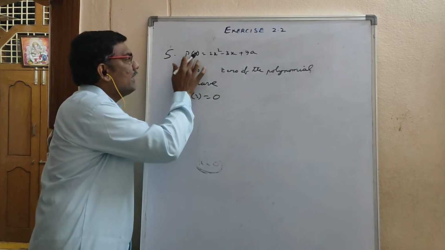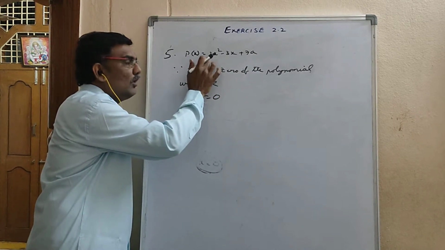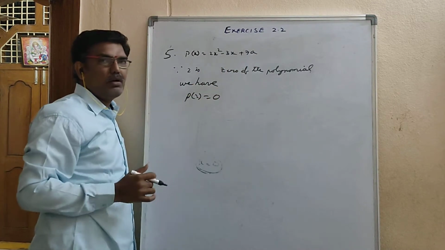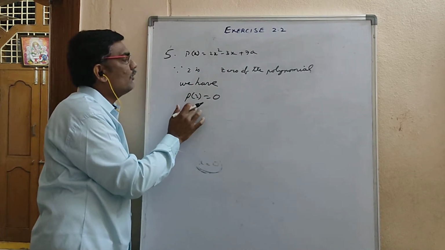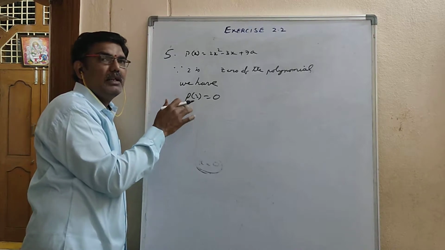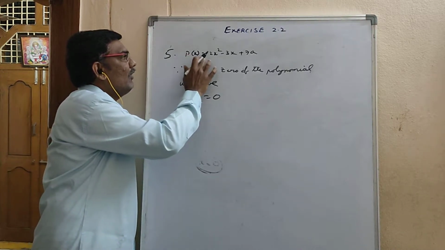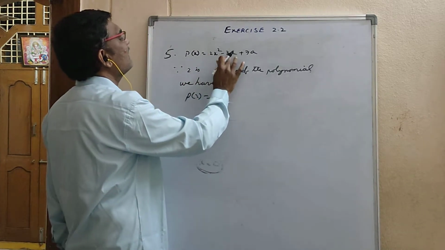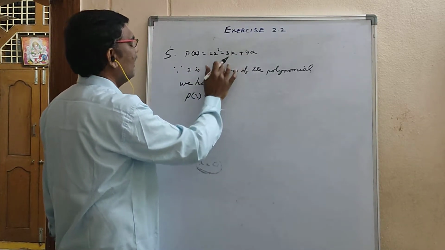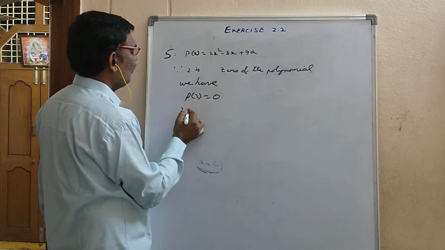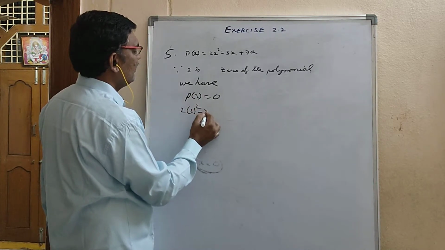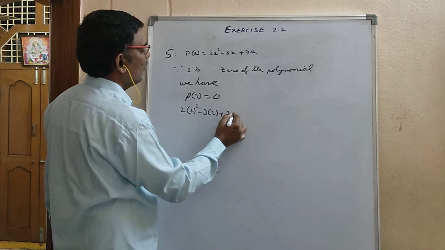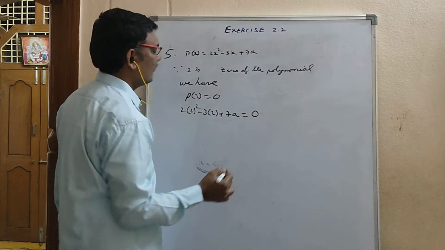Meaning in place of x if you substitute 2, the entire value becomes 0. What is p of 2? Problems like this are done in smaller classes. P of x is given, p of 2 you have to find. In the right hand side, wherever x is there you should write 2. 2 into 2 square, minus 3 into 2, plus 7a is equal to 0.